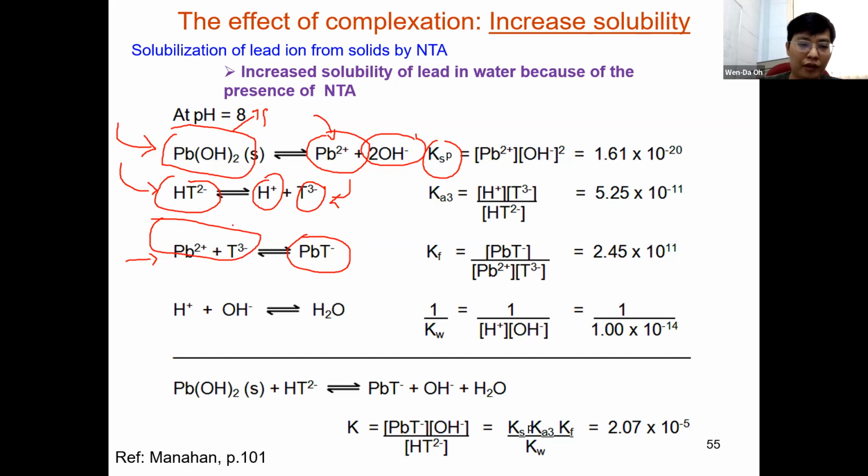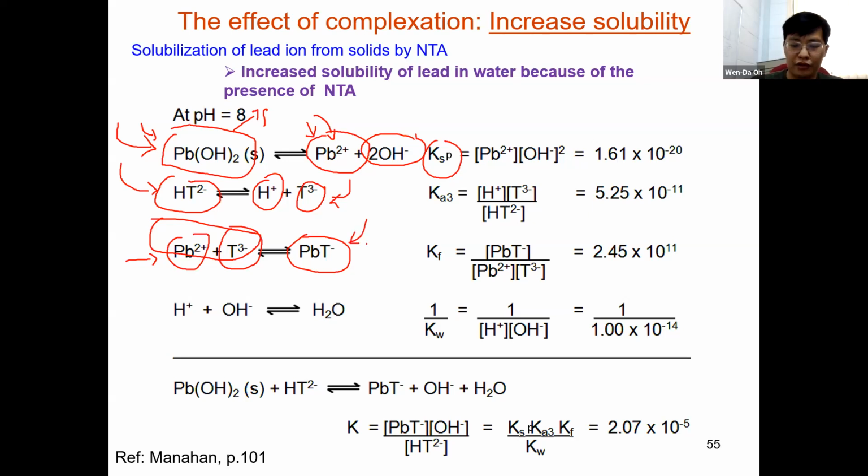And then aside from these two, if let's say this HT2- is not present because we only have the first one. But if the second reaction is also happening, then we will have a third reaction, which means that the lead here can actually bind with your T3- here to form a complex.